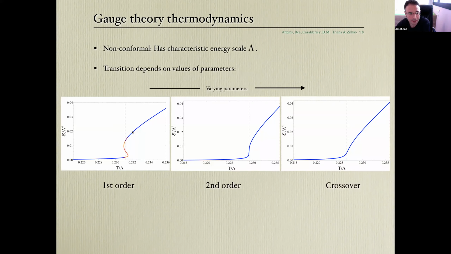And you see that the energy density is multi-valued as a function of temperature, as you expect for a first order phase transition, which in this case would happen between this state and this state. But if you vary those parameters, you can actually turn the first order phase transition into a second order phase transition or into a crossover. But in all cases, the critical temperature, either here, or the characteristic temperature at which the crossover takes place, is set in magnitude, in order of magnitude, by this characteristic scale of the theory, lambda.